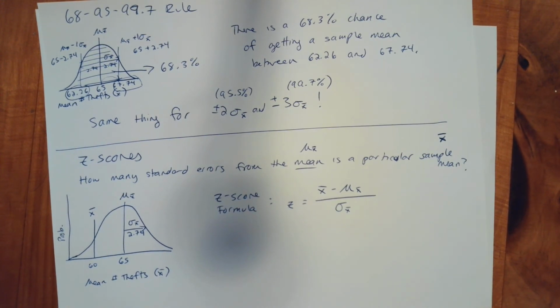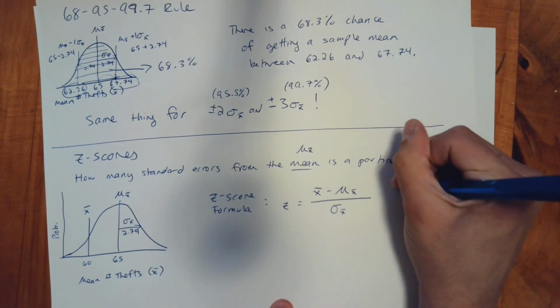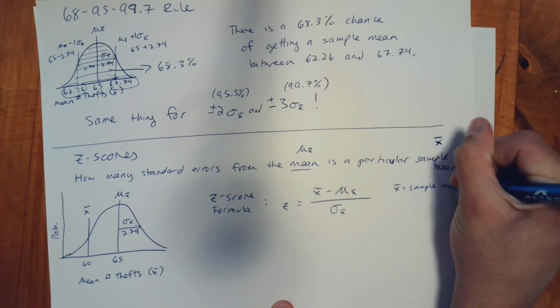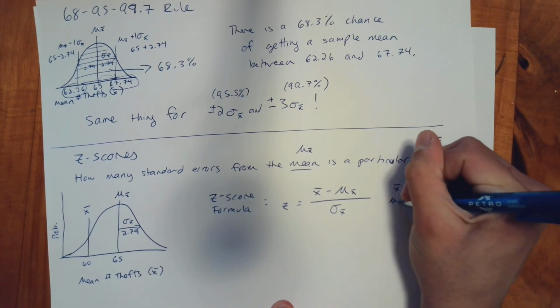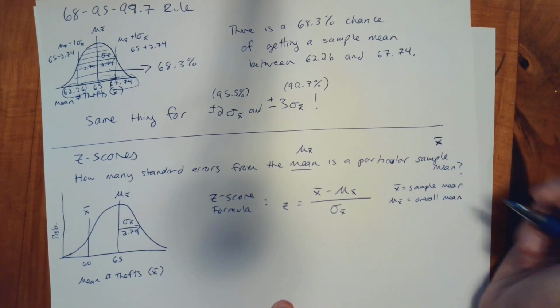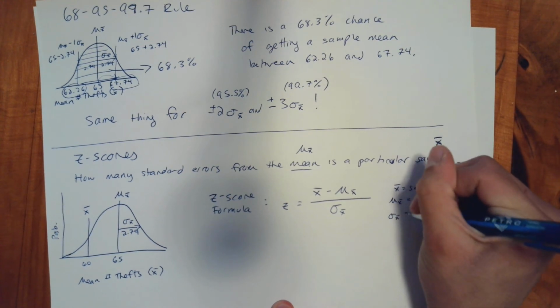So it's exactly the same as the z-score that you looked at last week. The only difference is that now we're looking at a sample mean instead of a particular value or outcome, and we're looking at our overall mean of sample means here, mu of x bar, and the standard error for our sampling distribution. And I'll just write this out here. That's where x bar is equal to the sample mean. Mu of x bar is the overall mean, and sigma of x bar is the standard error.